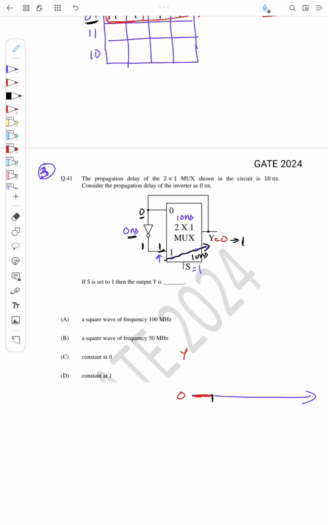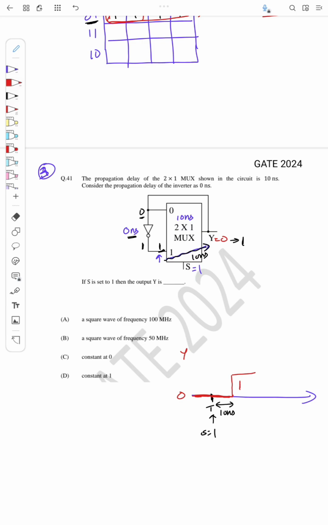At this time I have set S equal to 1, and input Y was 0. After this 10 nanosecond delay, the output Y will go to 1.